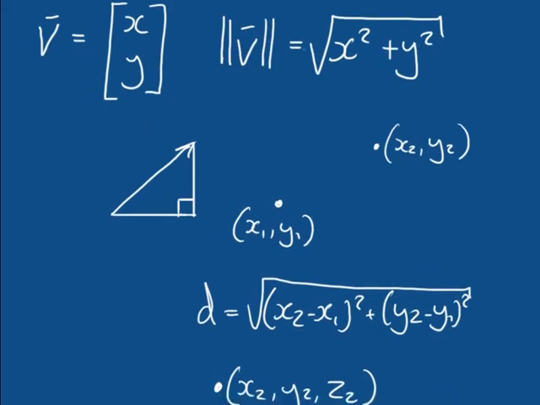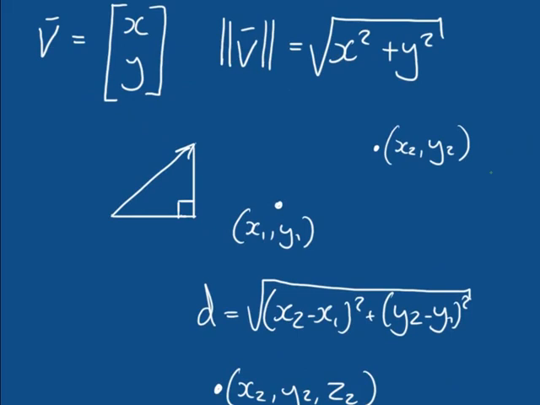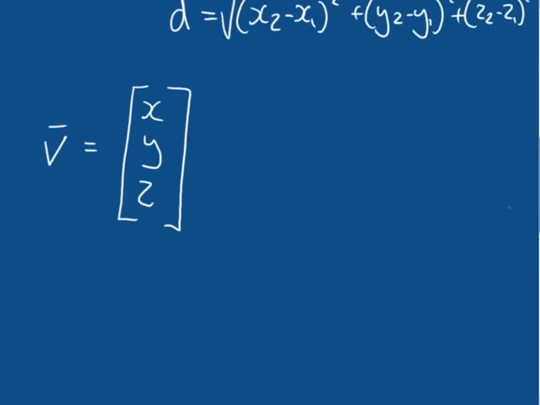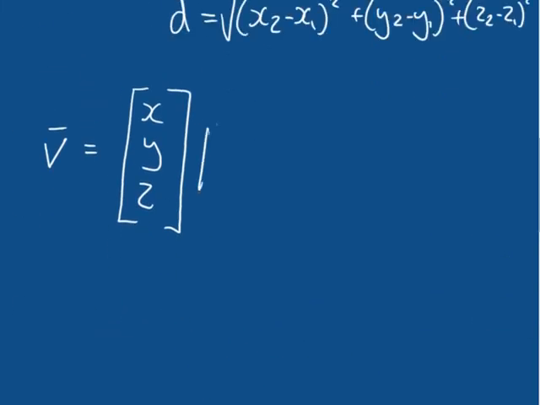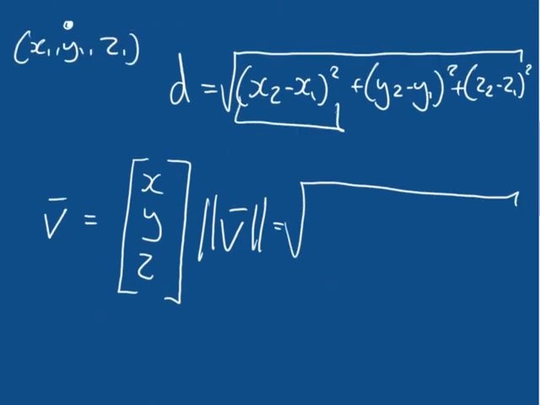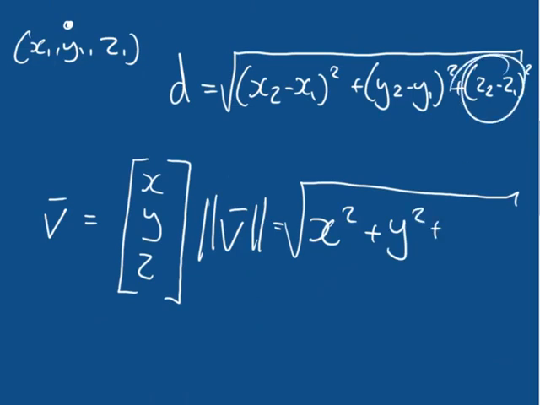So we can find the magnitude of a 3D vector very simply. The magnitude of v is the square root of (x2 minus x1) squared, so that's how far we have travelled in x, squared, plus how far we have travelled in y, squared, plus how far we have travelled in z, squared.